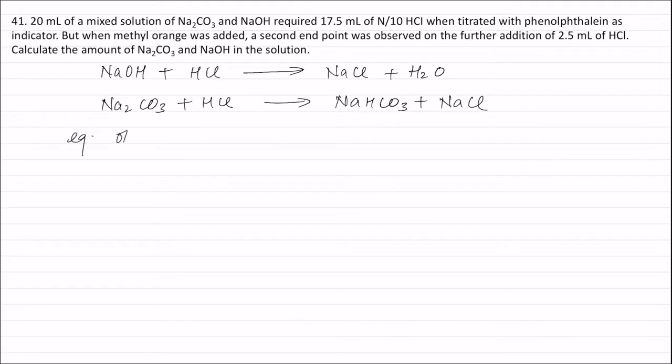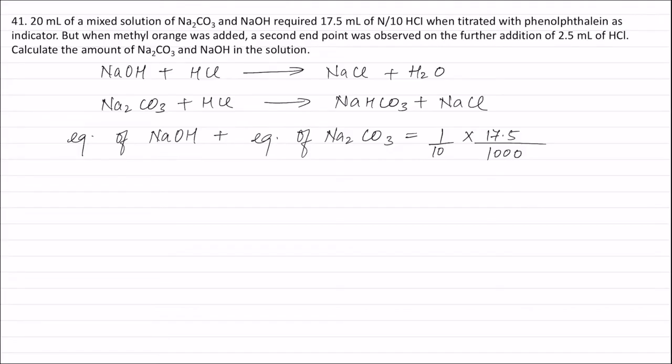That is equivalents of NaOH plus equivalents of Na2CO3 will be equal to equivalents of HCl, and equivalents of HCl is equal to normality of HCl, that is 1 by 10 into volume of HCl in liters, 17.5 divided by 1000 liters, and this is equal to 0.00175 equivalents.